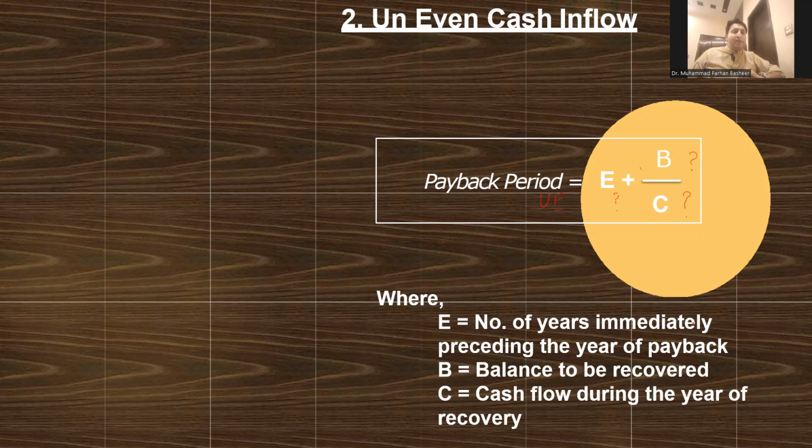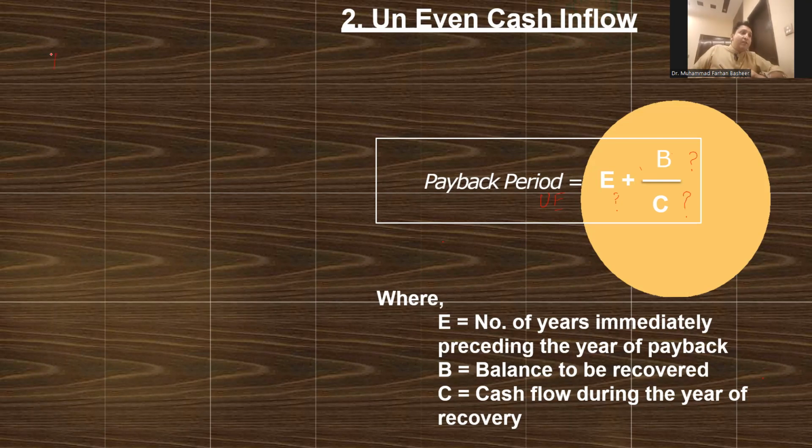E is the number of years immediately preceding the year of payback. B is the balance to be recovered. C is the cash flow during the year of recovery. Confusing? Definitely. How does one know what the balance to be recovered is? What is the year preceding the payback year? What is C, the cash flow? Very confusing. Okay, do not be confused.